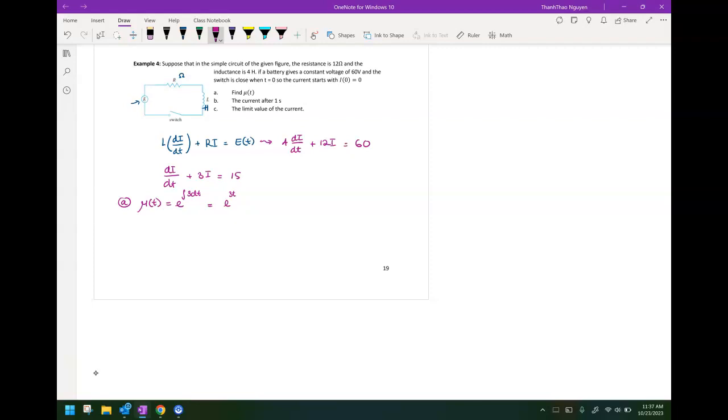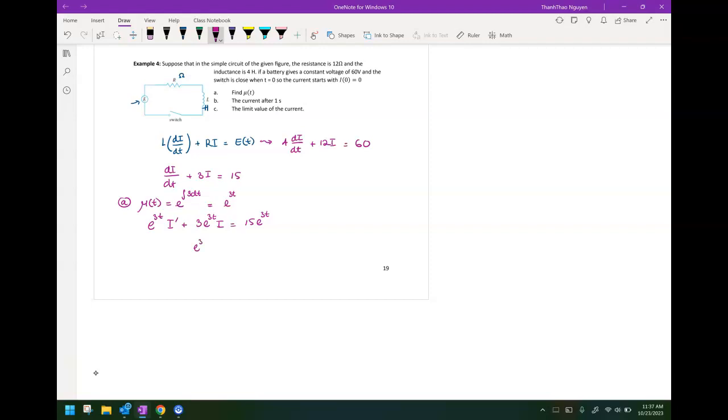Multiply this into our differential equation. We get e to the 3t di dt, or let's call this I prime, plus 3 e to the 3t times I equals 15 times e to the 3t.